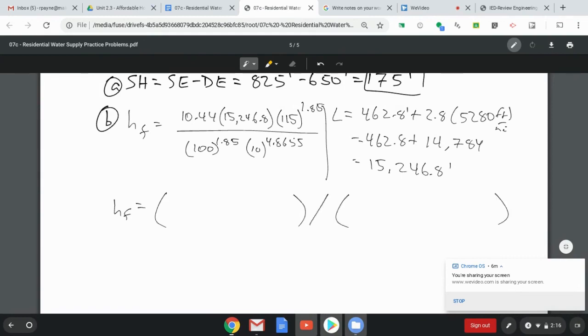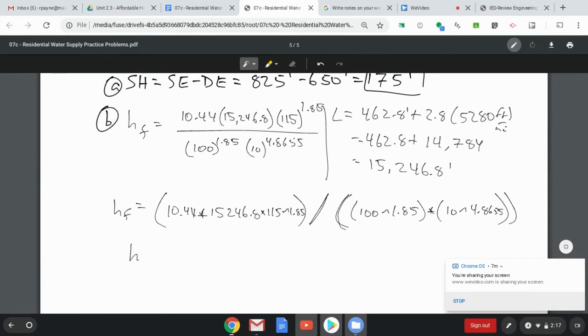You're going to type in 10.44 times 15,246.8 times 115 caret 1.85, end parenthesis, divide, open parenthesis, open second parentheses, 100 caret 1.85, close parentheses, times, open a new parentheses, 10 caret 4.8655, close parenthesis, close parenthesis.